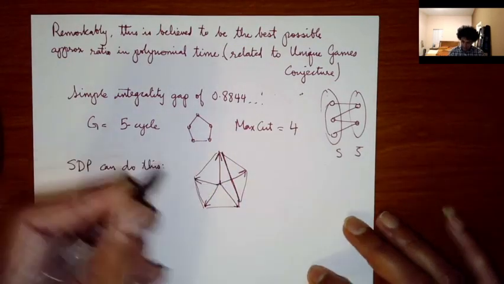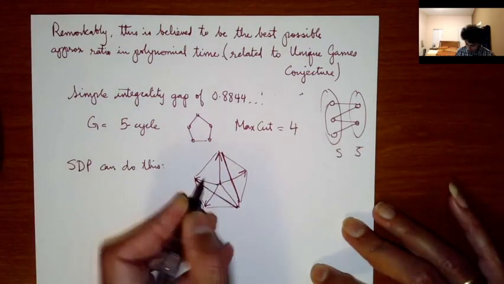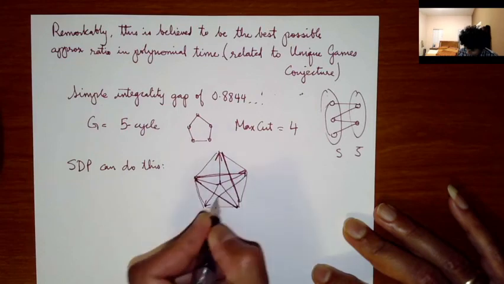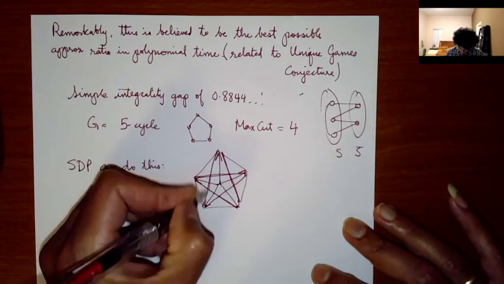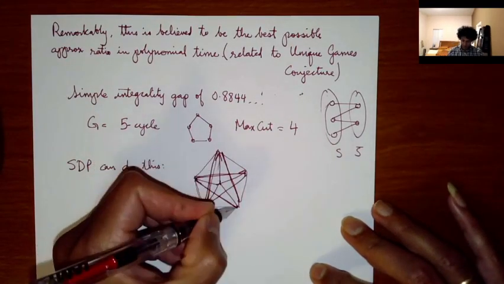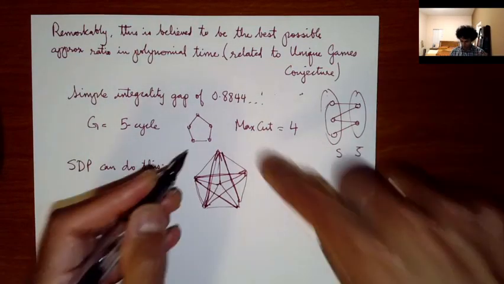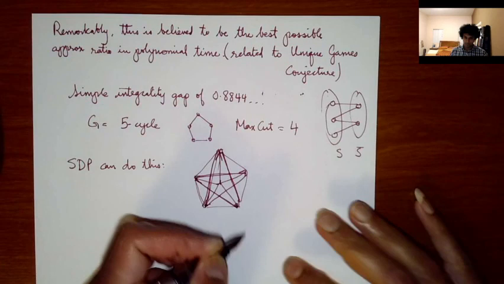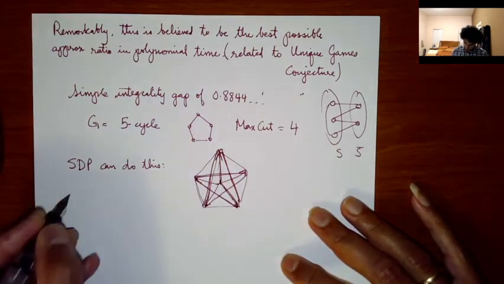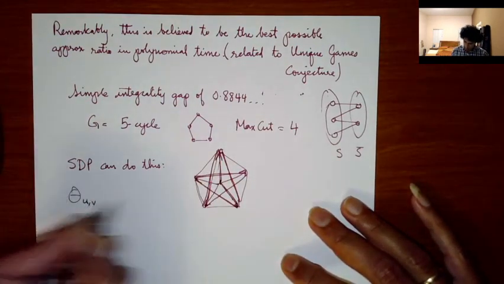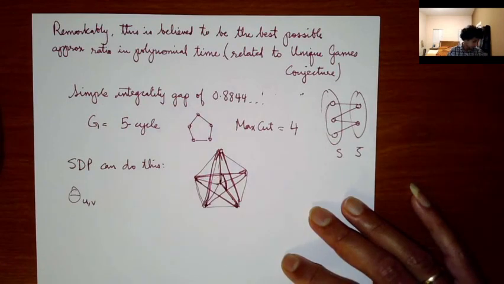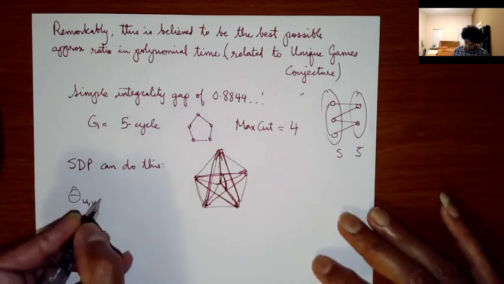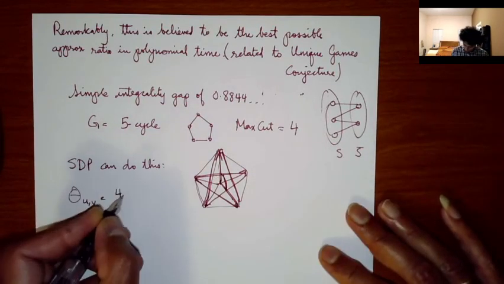So it's going to actually embed as a star. Right? So these are the edges. So it's going to orient the graph as a star and use these. And so the theta UV is essentially this angle here. And so theta UV you can show is 4 pi by 5.